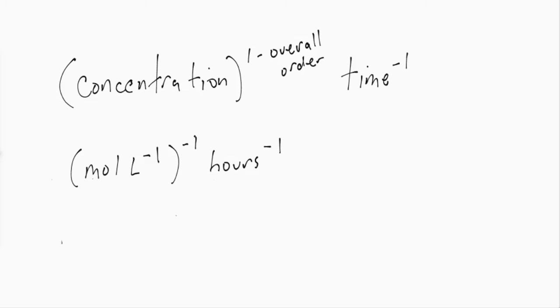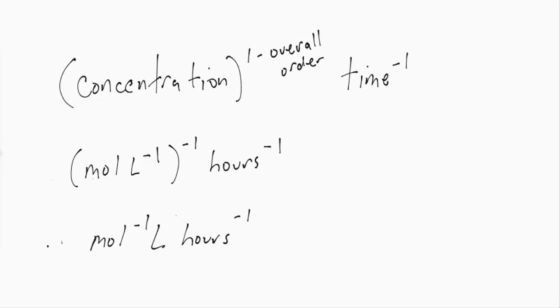Then we just distribute this negative to each thing, so that's going to become moles to the -1 power, liters to the first power, so we don't have to do anything because -1 times -1 is just going to be 1, and then hours to the -1.